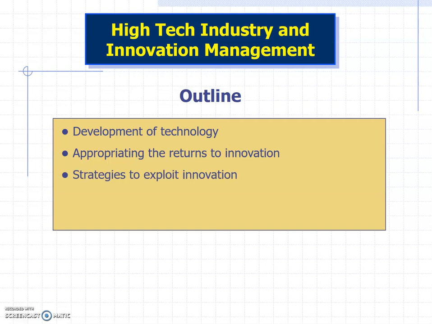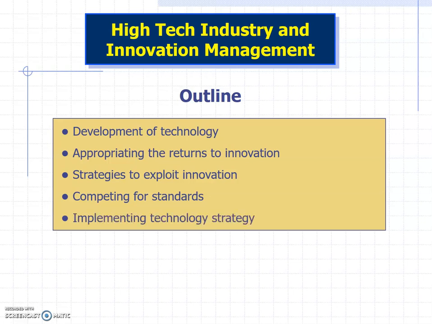Then we'll talk about strategies to exploit innovation, and we'll talk about competing for standards, technical standards. You might call these standards wars, and how we win them. And then finally, we'll talk about implementing a technology strategy.